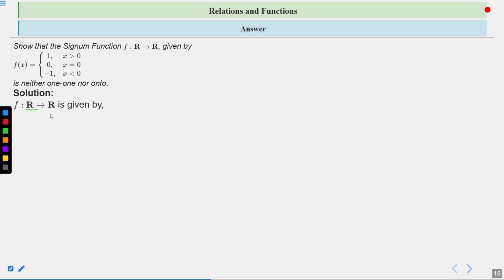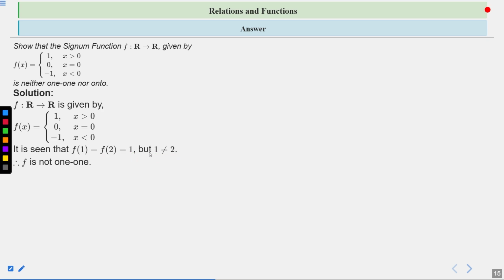Function from R to R defined as f(x) is equal to 1 when x is positive, f(x) is 0 when x is 0, f(x) is minus 1 when x is negative. We can easily see that f of 1 is equal to f of 2, which is 1, but 1 is not the same as 2. Therefore f is not 1-1.